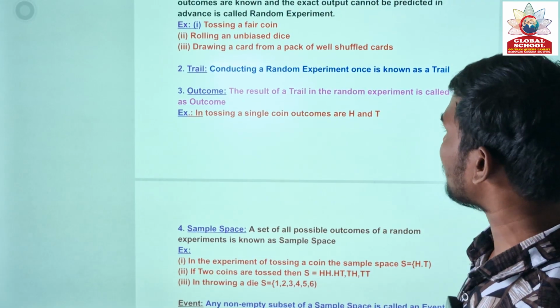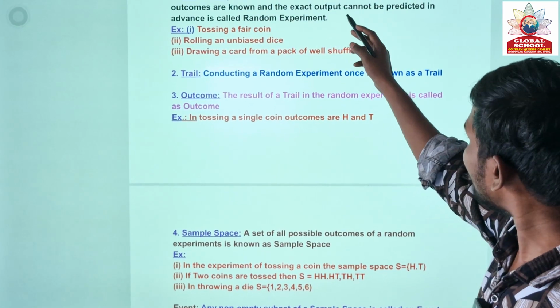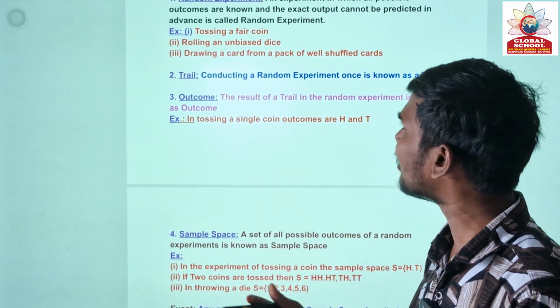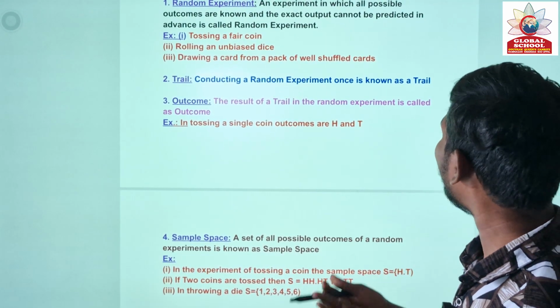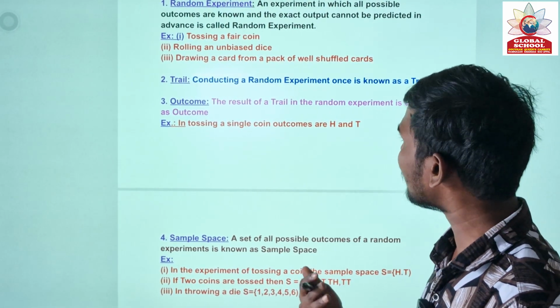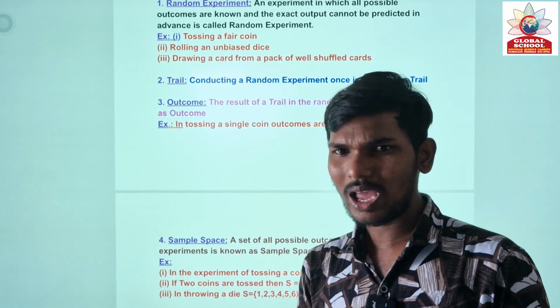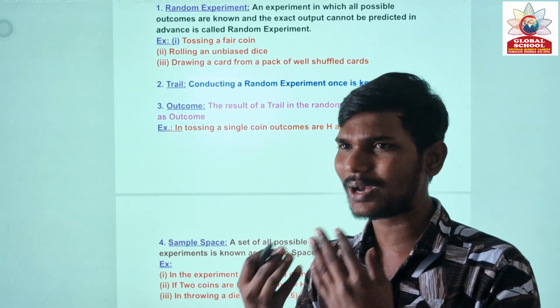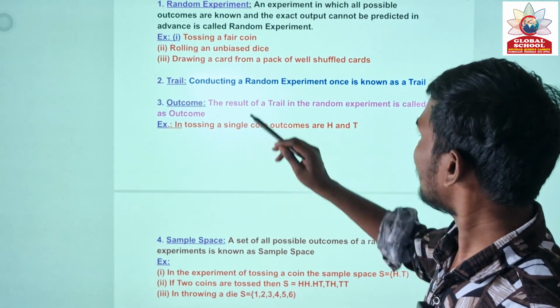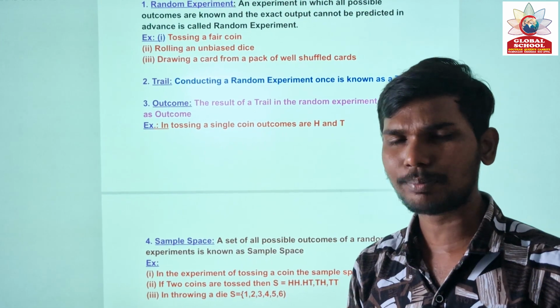First one is random experiment. An experiment in which all possible outcomes are known and the exact output cannot be predicted in advance is called a random experiment. Students, we know all the possibilities, but we cannot predict the result. That is called a random experiment.